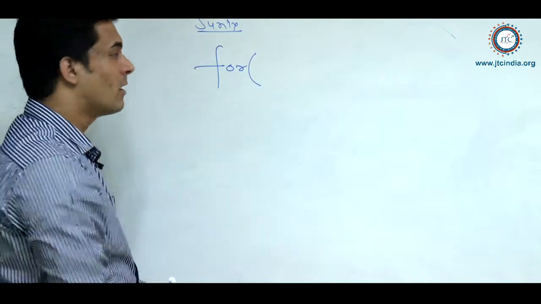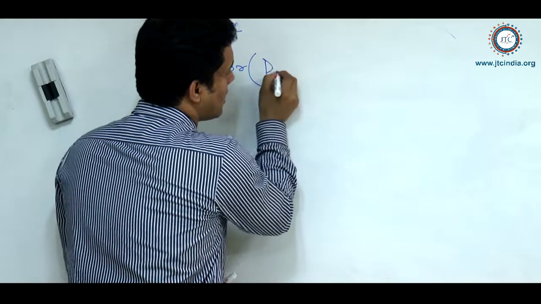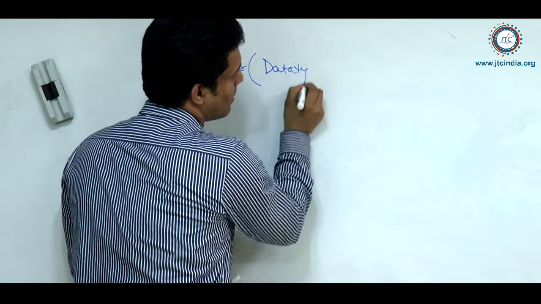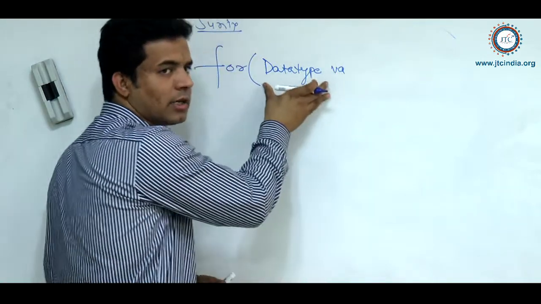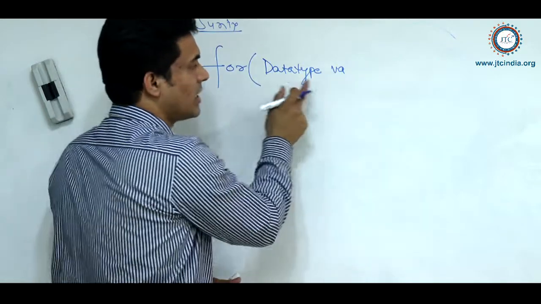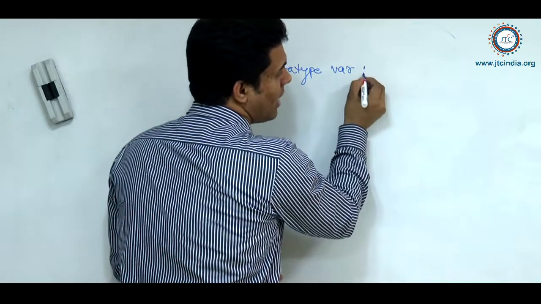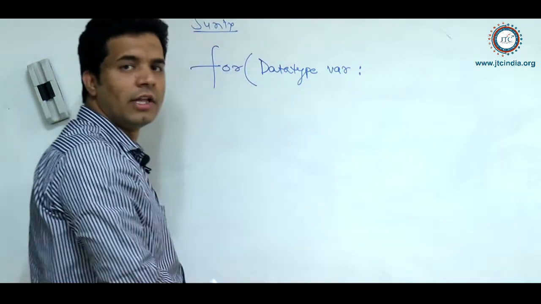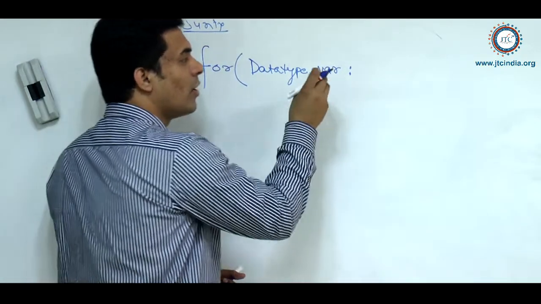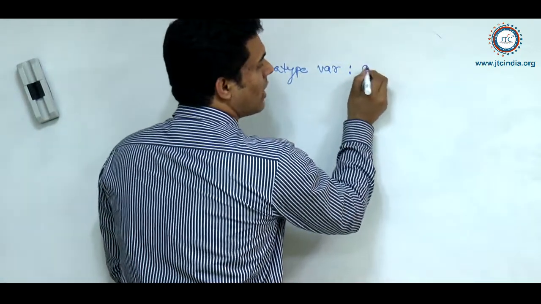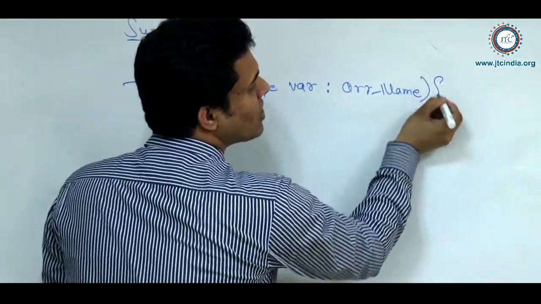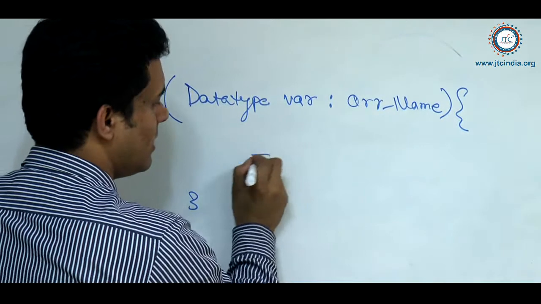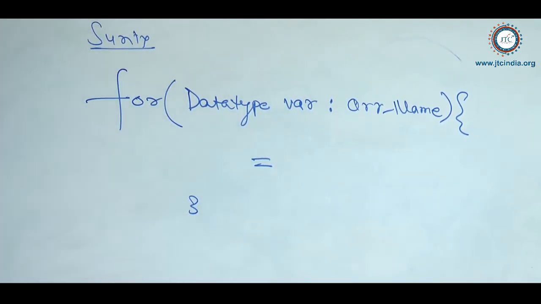In that, the data type, variable, and here a colon, and then the array name.